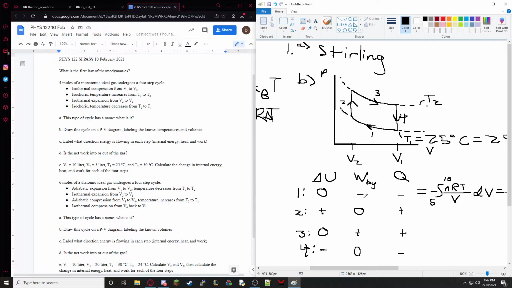And so now, for step 2, we want to calculate our change in internal energy. And how would we calculate that? We're given the volumes and we're given the temperatures. So how do we calculate our change in internal energy?